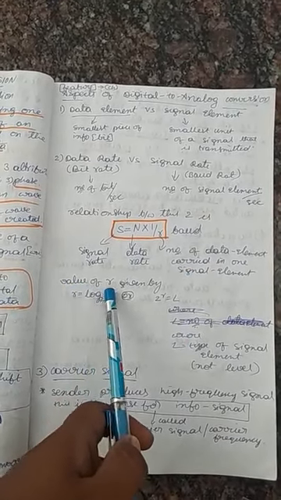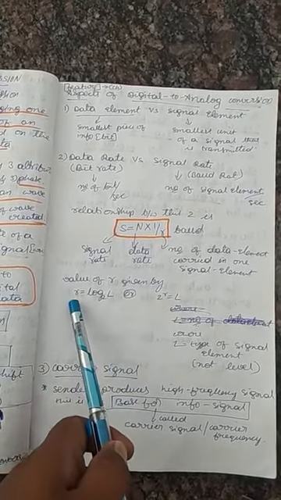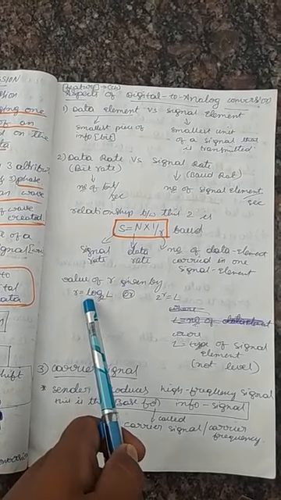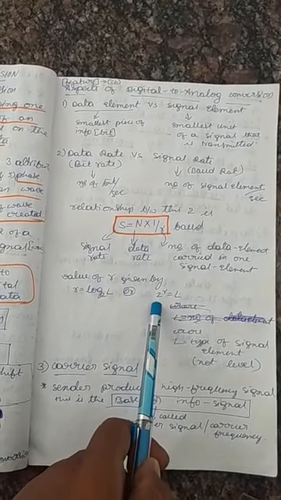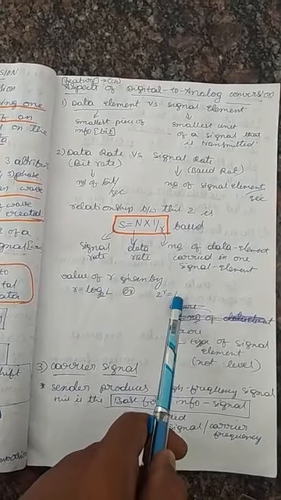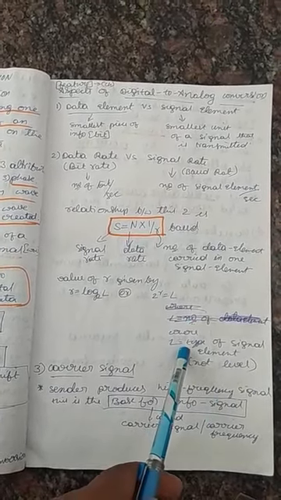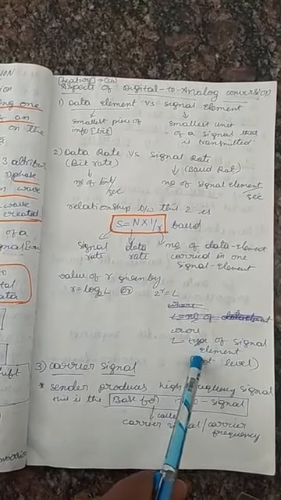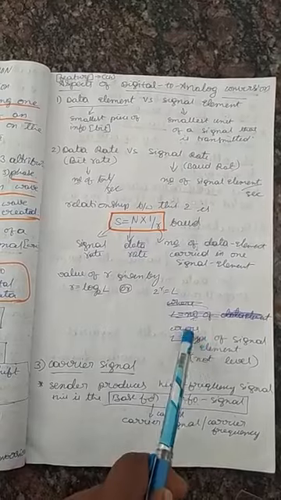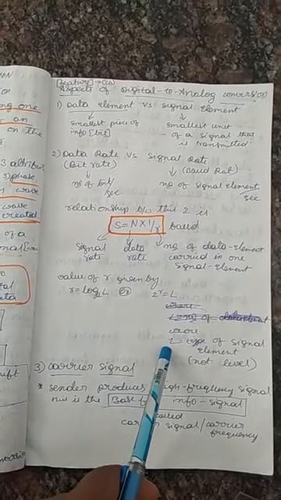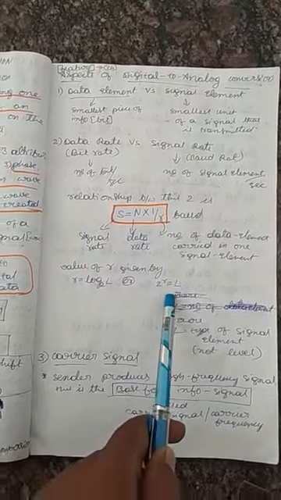The value of R is given by R equal to log base 2 L, or 2 to the power of R is equal to L. Here L is not level, L is the type of signal element. What type of signal element we are using? L is not level in this formula.